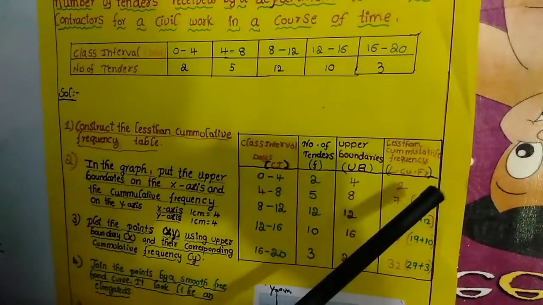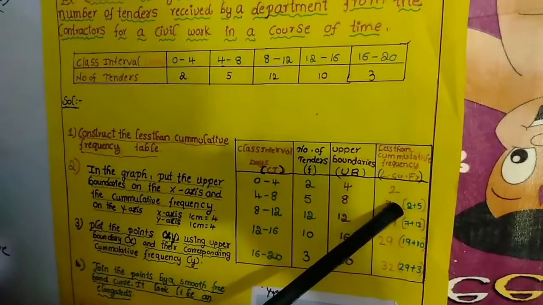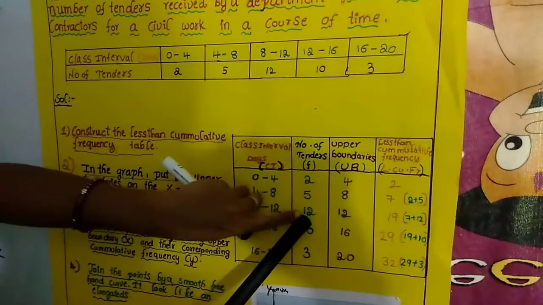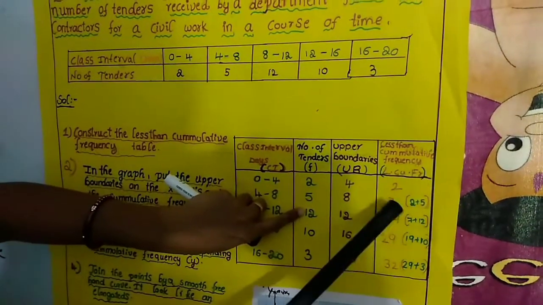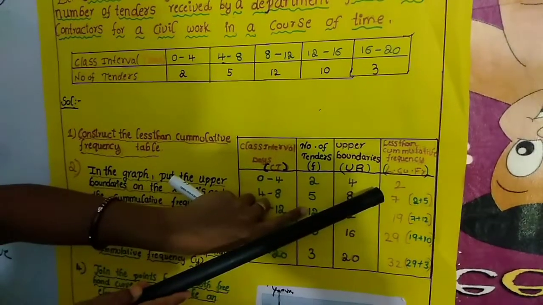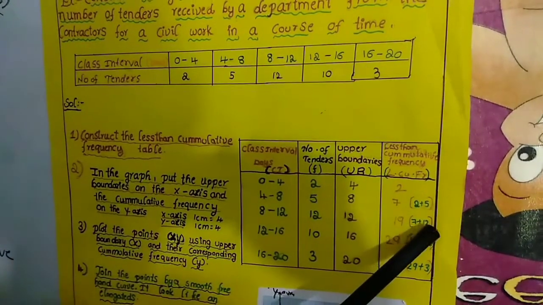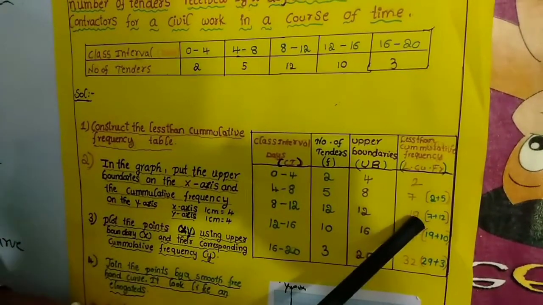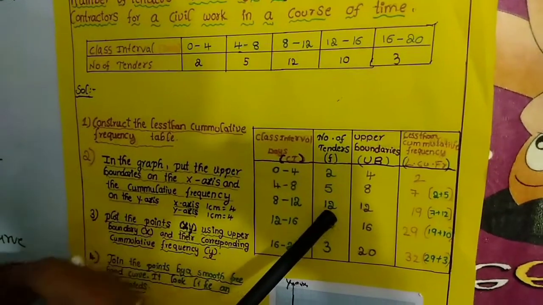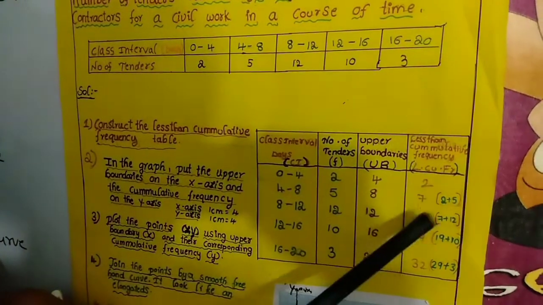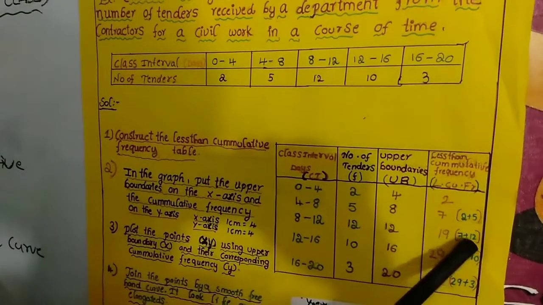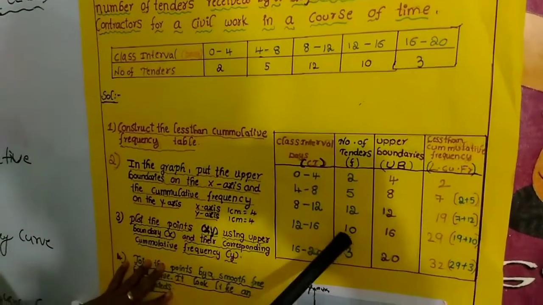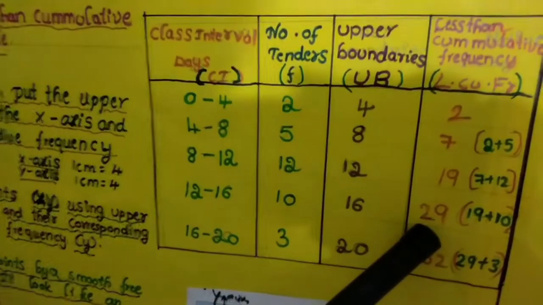Now we add this second cumulative frequency to the third given frequency. What is the given third frequency? It is 12. What is the second cumulative frequency? It is 7. So we add 7 plus 12, we get 19. After that, we add this 19 to the next class frequency, 10. So 19 plus 10, we get 29.